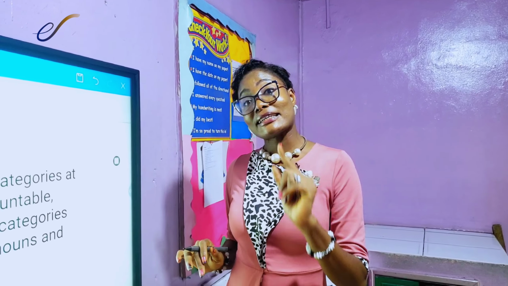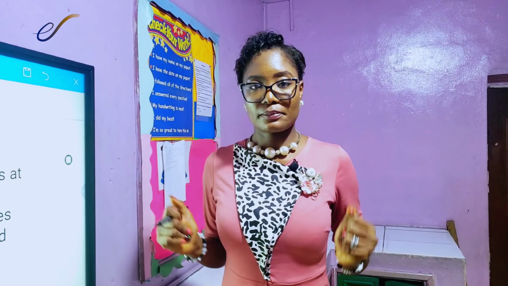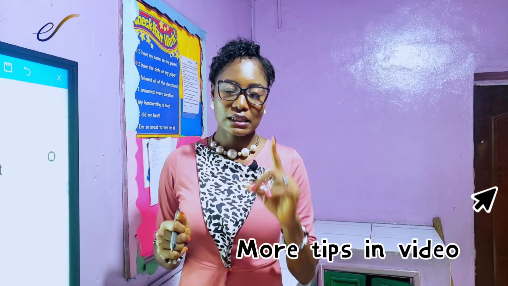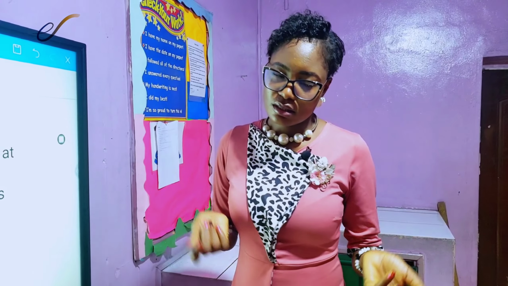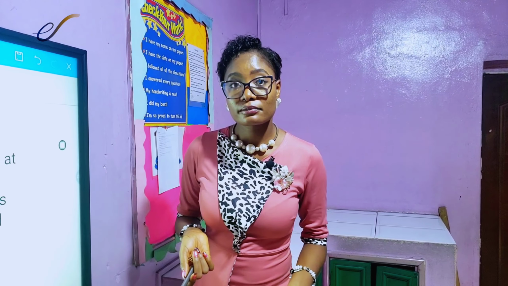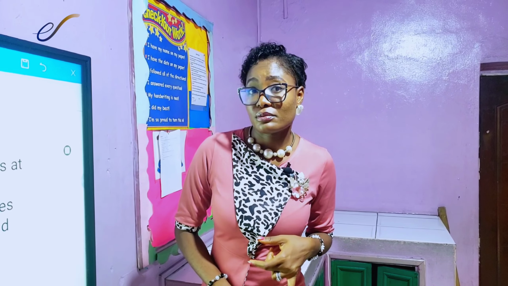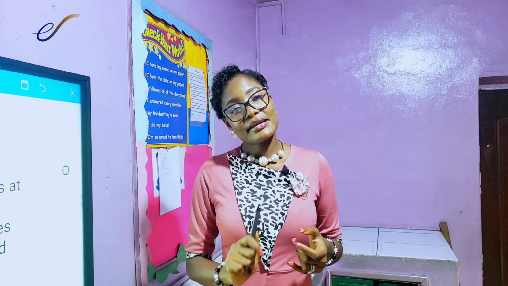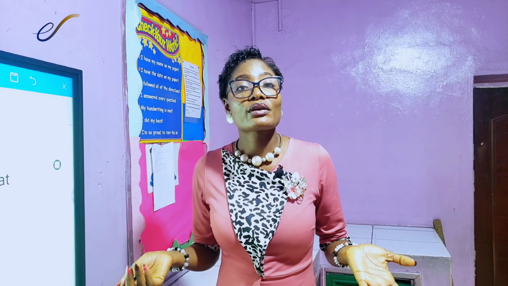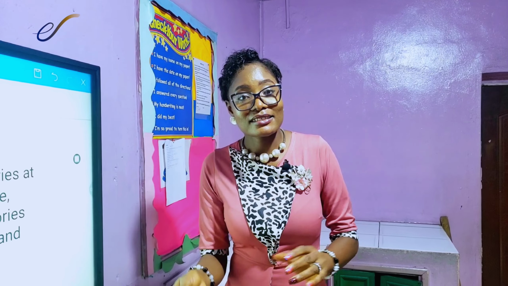Remember, a noun can oftentimes fit into multiple categories. We have to make that clear. They're not all exclusive to one group. For instance, we have the example of water. Water is a noun. Water is an uncountable noun because you can't count water, can you? But at the same time, water is a concrete noun because you can see it, you can feel it, you can touch it.